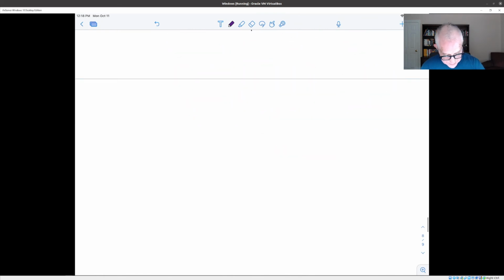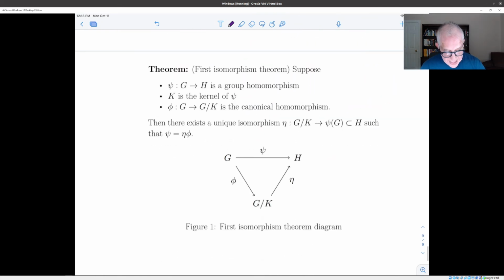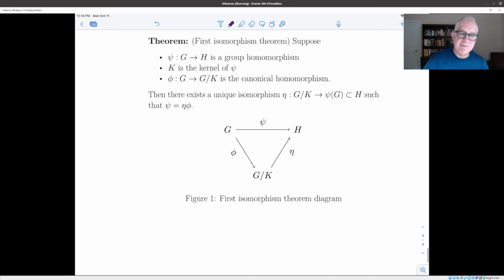Okay. Now, let's try to prove this isomorphism theorem. To do that, we have to explain how to get this map eta, right? Because phi is given, it's the natural map, and psi is given, and g is given, and h is given, and k is given.